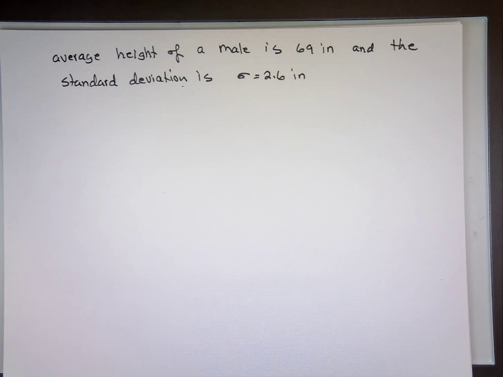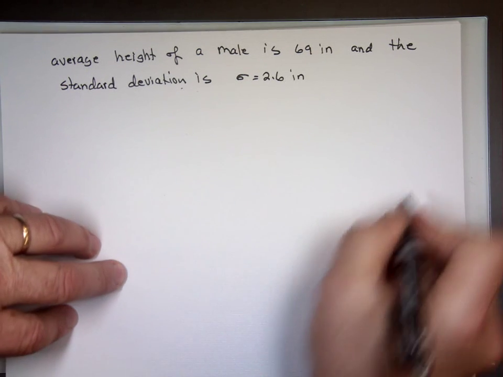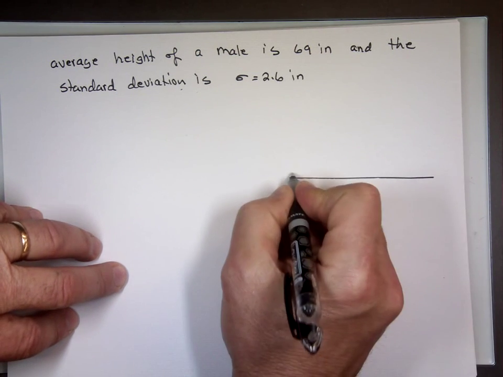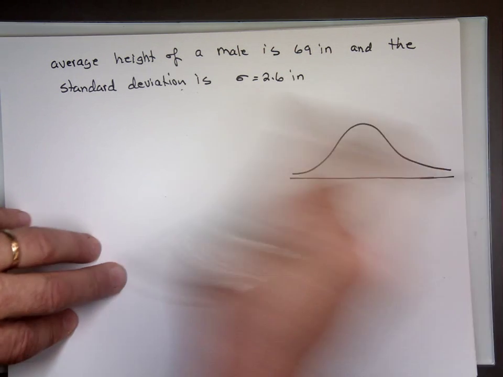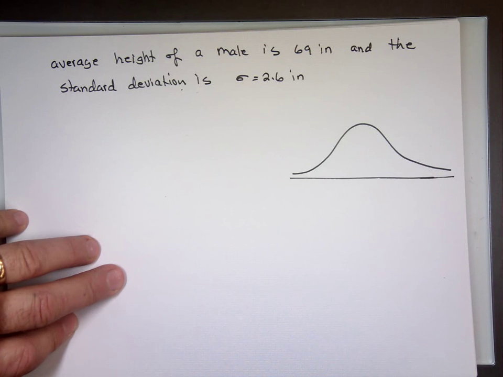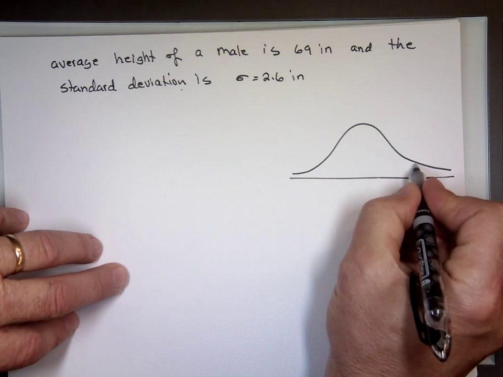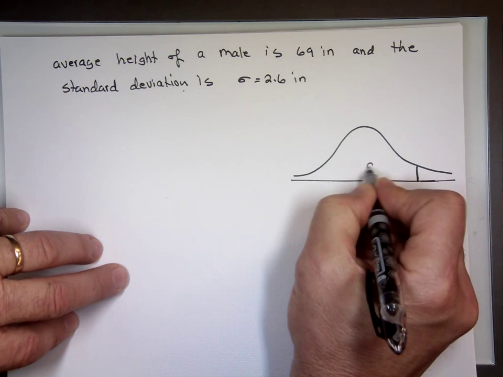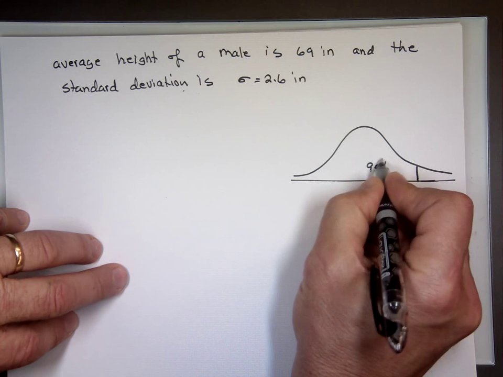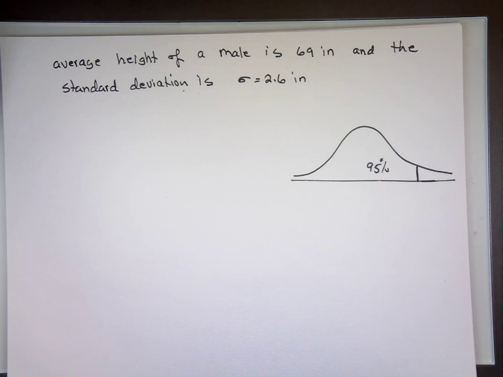Now, I'm designing doors for this building, and I want to make sure that at least 95% of the people fit through that door based on these numbers. So what height can I use here to make sure that 95% of the people will be able to walk through that door without bending their head? Well, maybe.